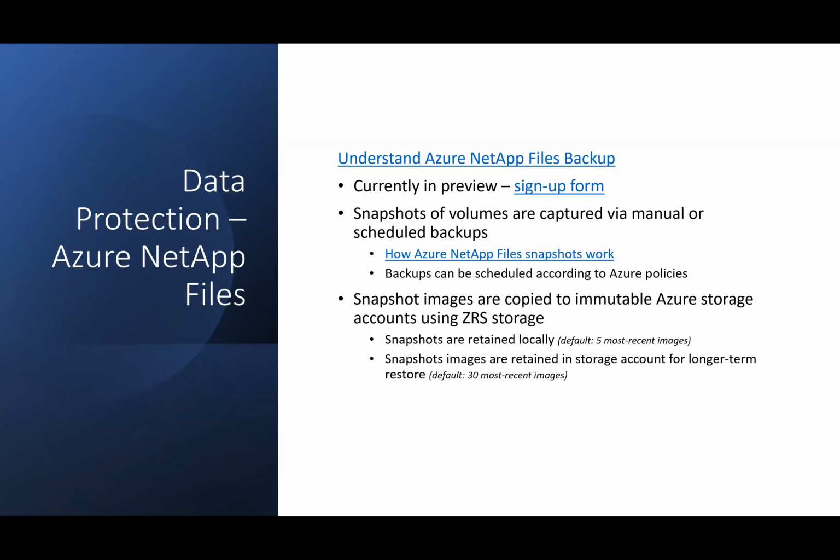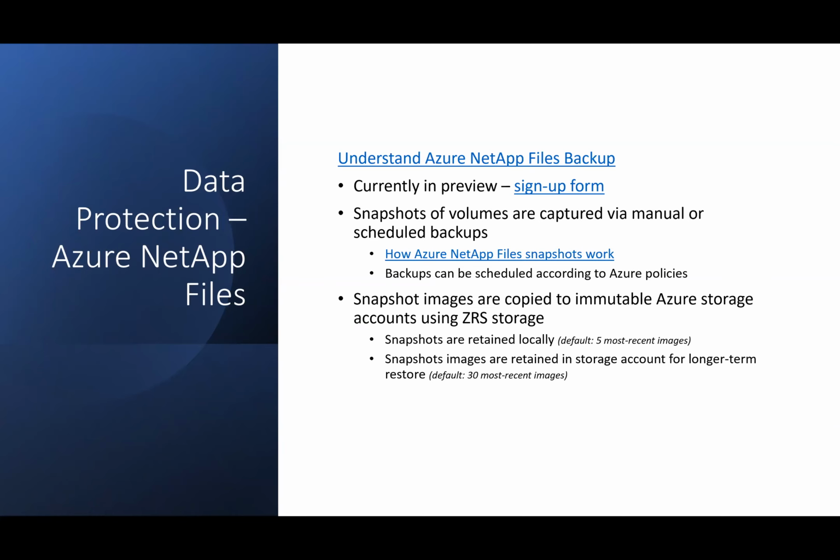Just like with standard Azure Backup, Azure NetApp Files Backup copies the snapshot images to immutable storage, which, by the way, both mechanisms work really well as ransomware protection. When you copy backup data to immutable storage, that's a good thing. Nothing can get at it.